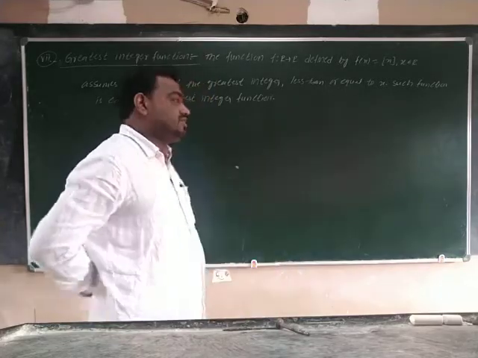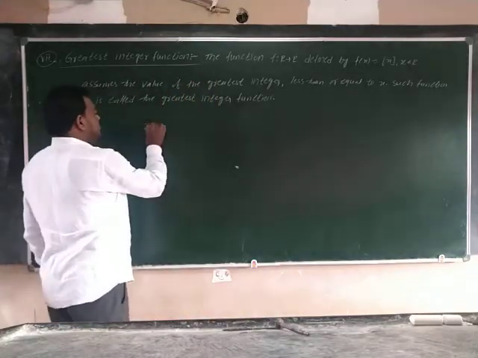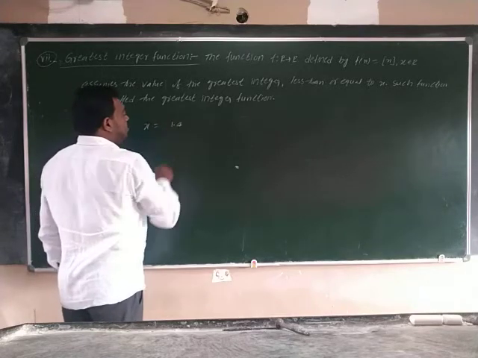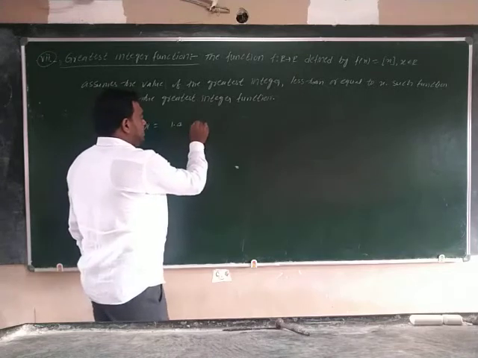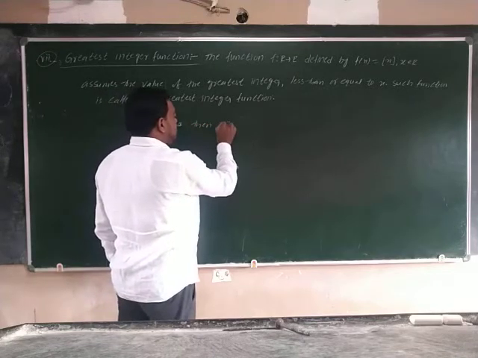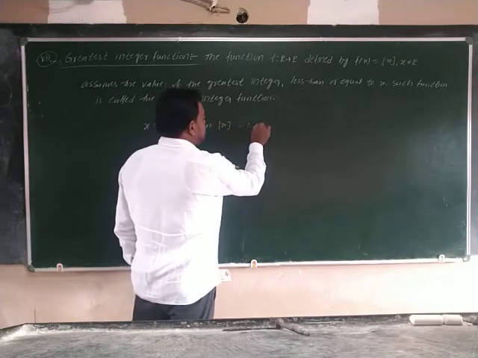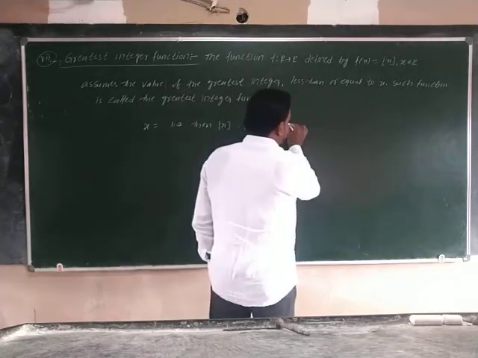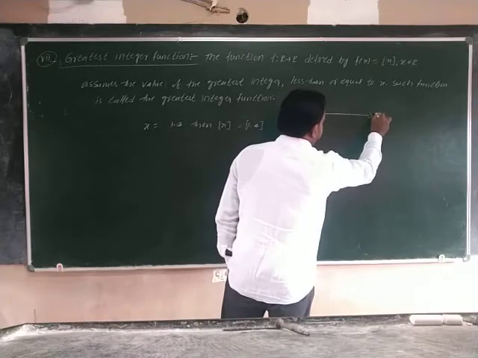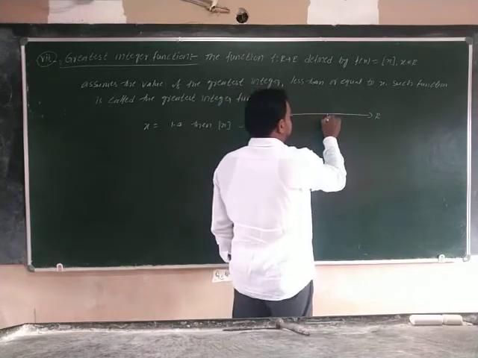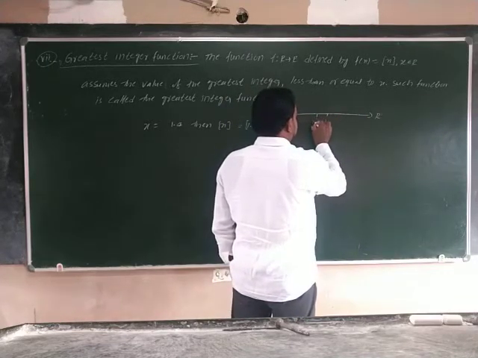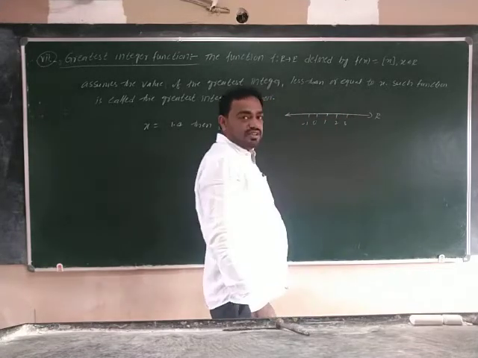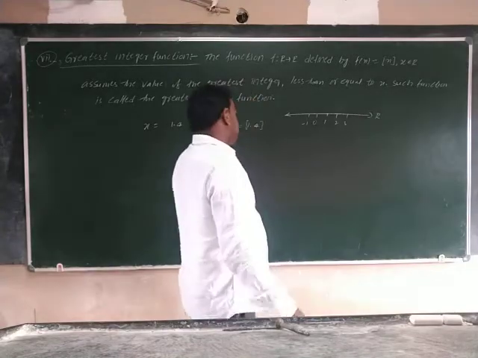For example, you see x is equal to 1.4. Then the greatest integer of x, how are we writing this? So this is the greatest integer of 1.4. You draw the real line here. This is the point 1, here 0, here 2, 3, next here minus 1 like this. This is the real line.